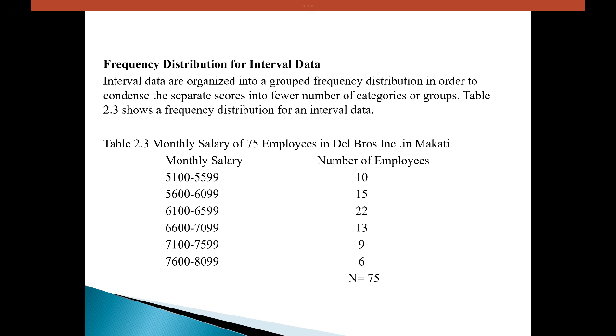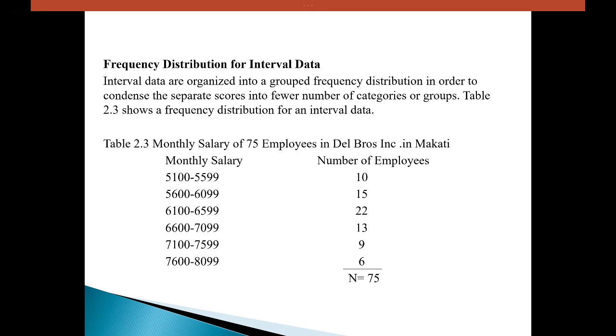Okay, let's go on with frequency distribution for interval data. Now for interval data, this is where it gets tricky, because your class interval is now composed of numbers. It's not anymore words, it's not anymore phrases.